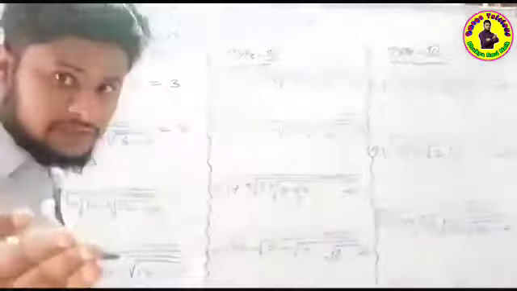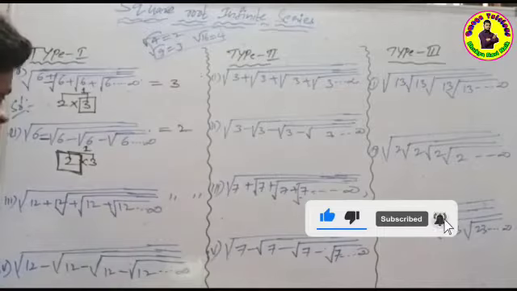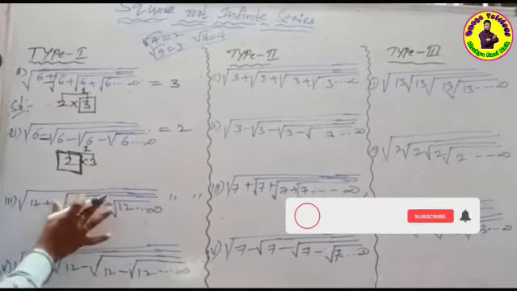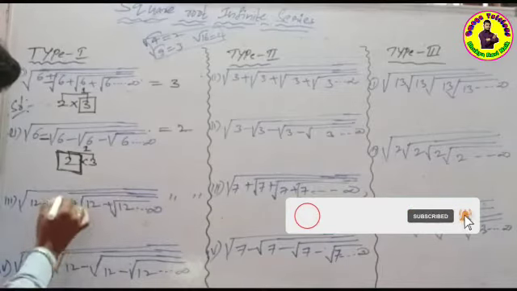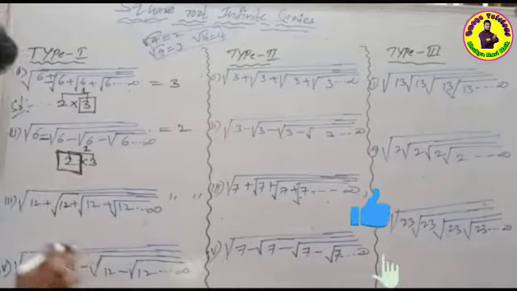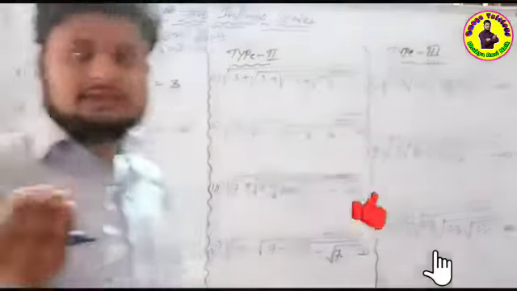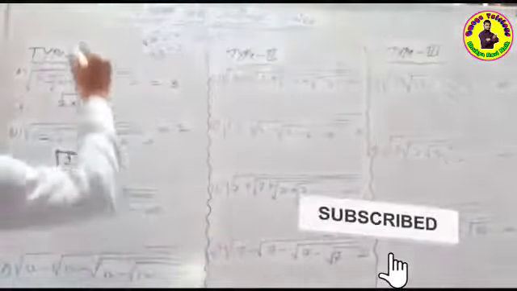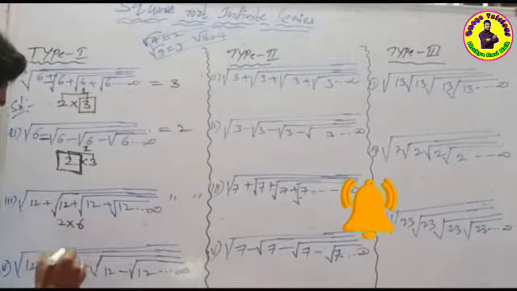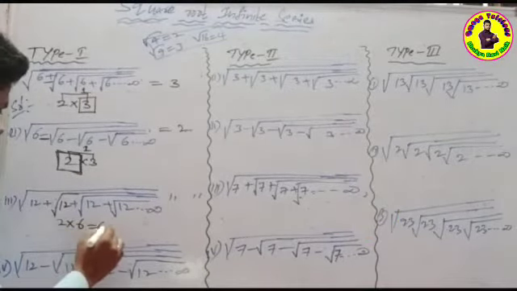Check the next example also. Suppose 12 is given like this. How do we find it? Write 12 inside. You already know the multiplication tables for 12: 2 into 6, 6 into 2, 3 into 4, and 4 into 3.